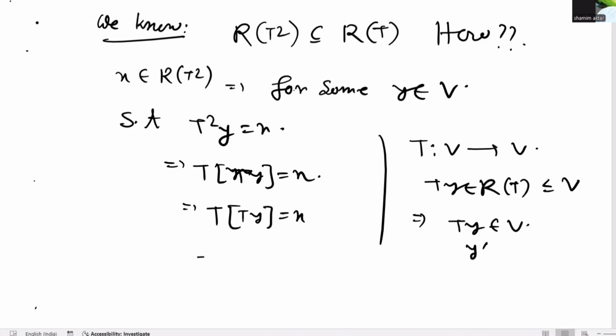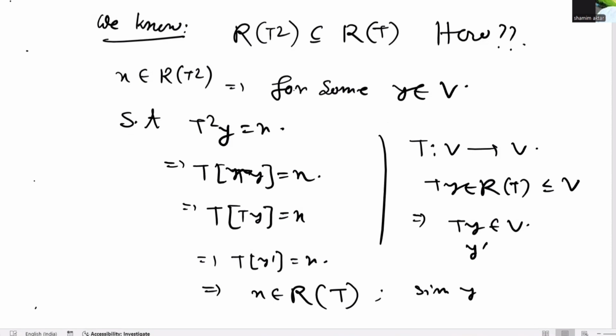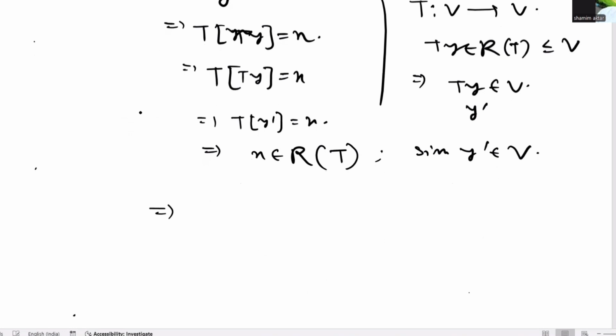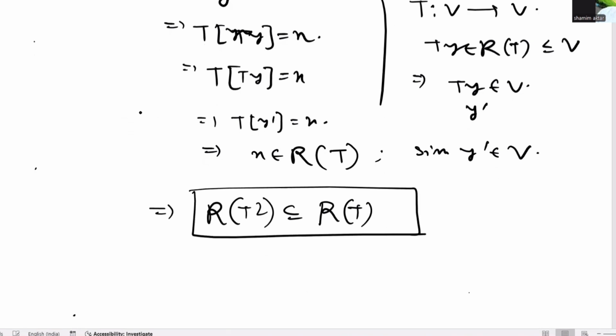Then T of y dash equals x, so x belongs to the range space of T, since y dash belongs to V. So the range of T square is contained in the range of T for linear operators.